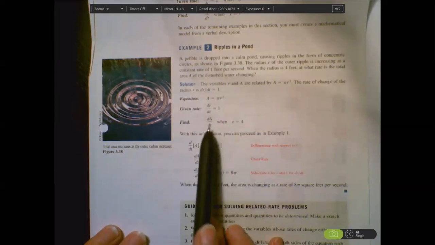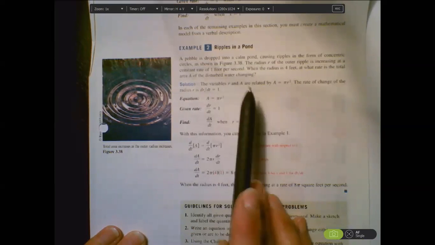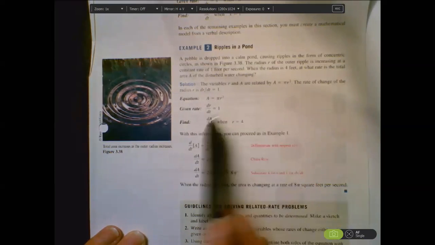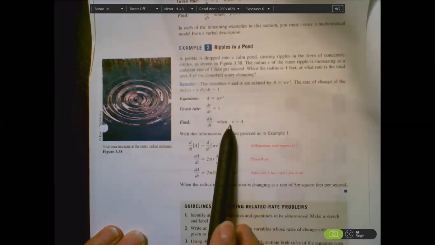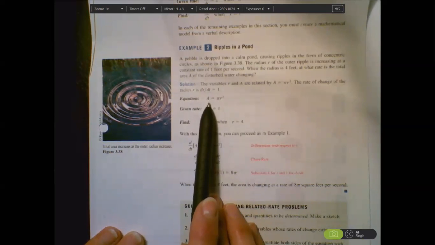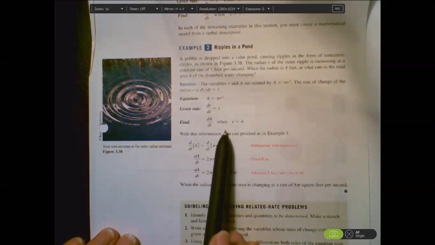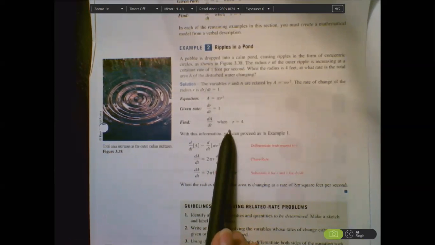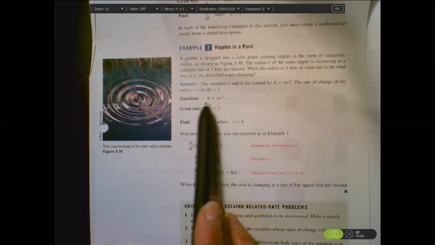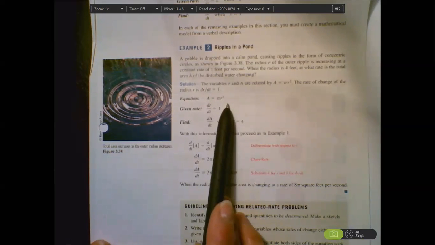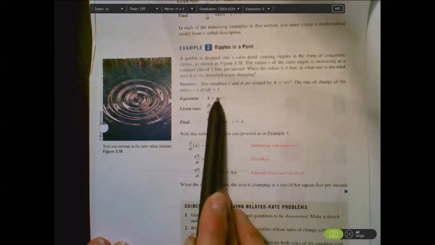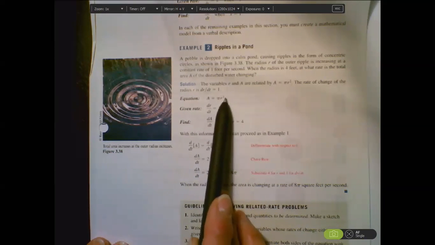So we're looking for dA over dt when R equals 4. This is the equation we know to use for the area of a circle. This is the rate we're given. This is what we're looking for. So take that equation and differentiate both sides with respect to t. Is this right-hand side going to take the product rule?